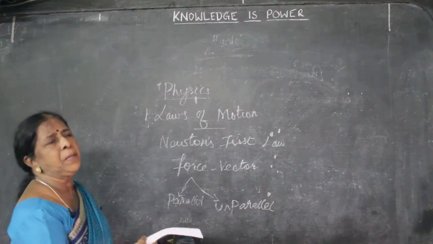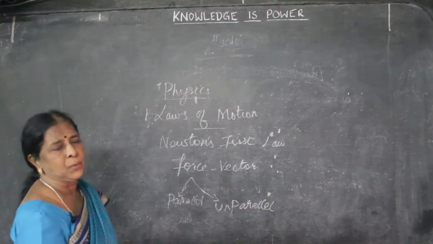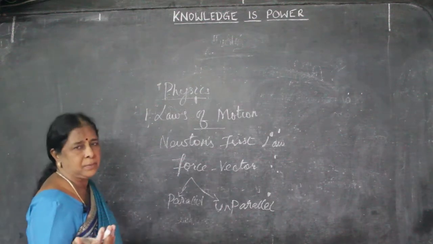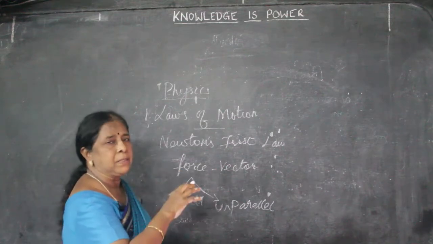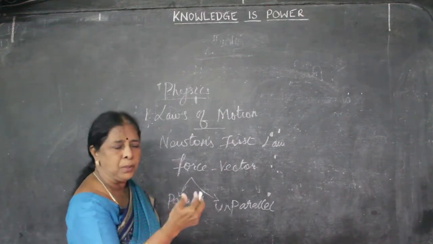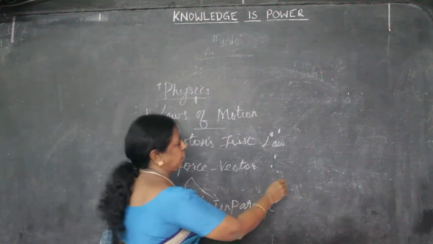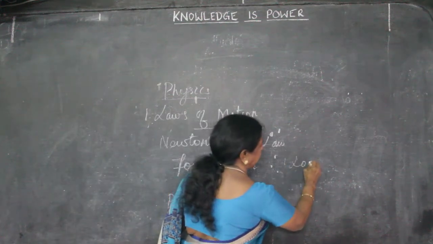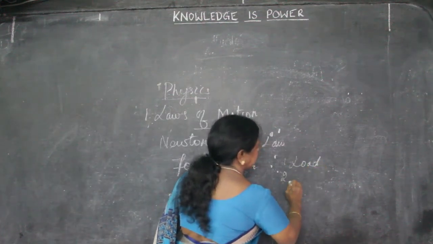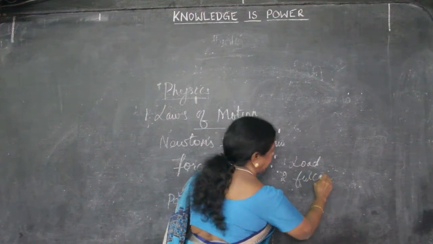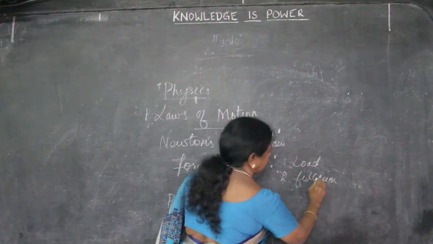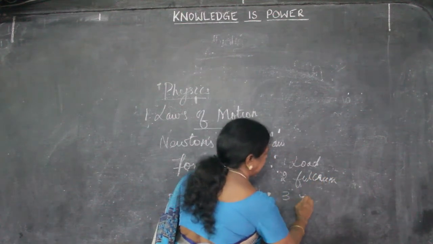Whatever it may be, without rotation nothing can work. For example, a car, or whatever the object may be, we have load, effort, and fulcrum. What are the three important things? One is load, the next is fulcrum, and the third is effort.